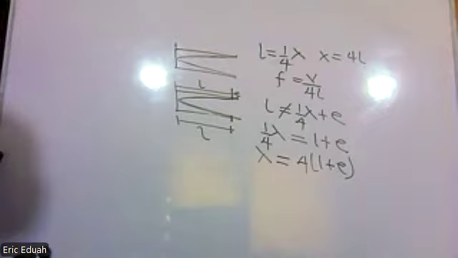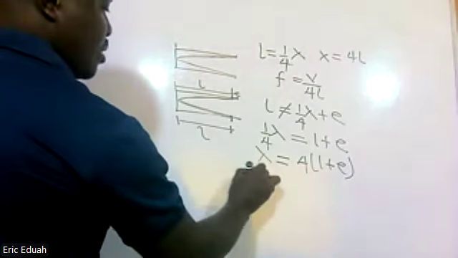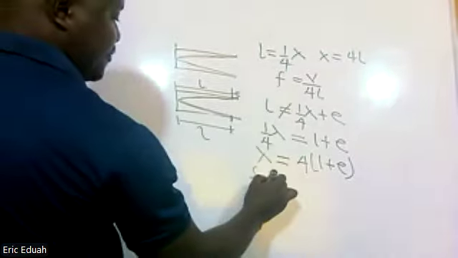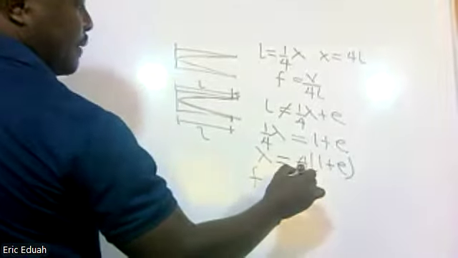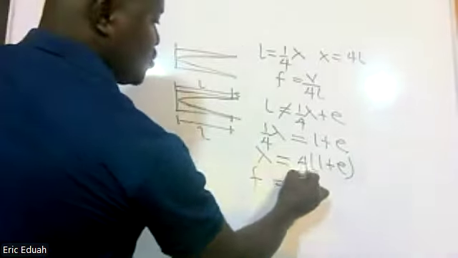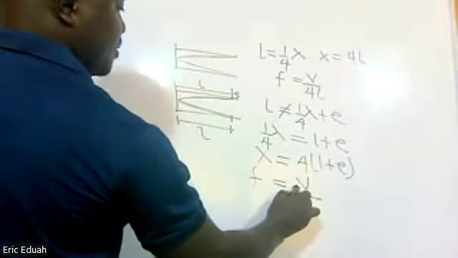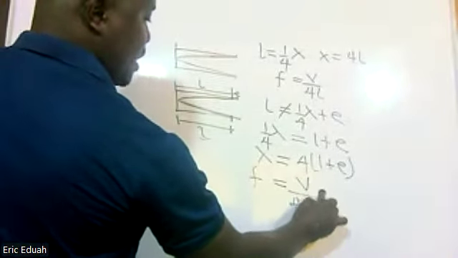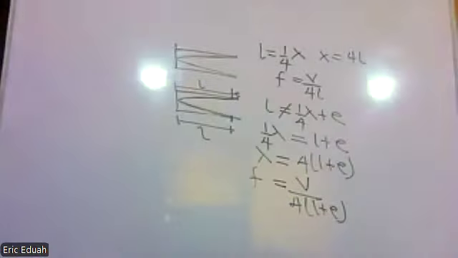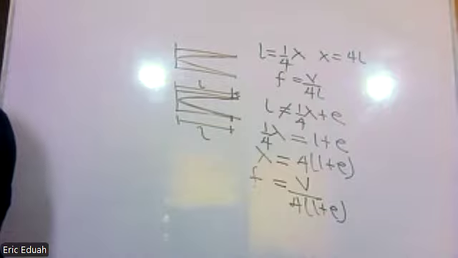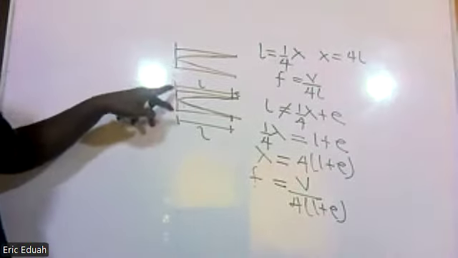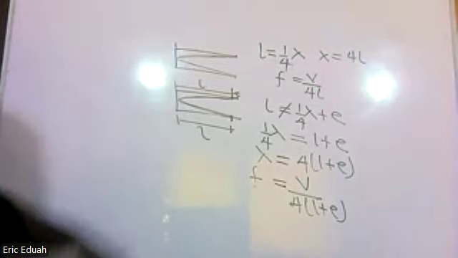And if lambda is equal to 4(L plus E), then the fundamental frequency will be equal to V over 4(L plus E). So that is how to factor in the end correction for a tube closed at one end.